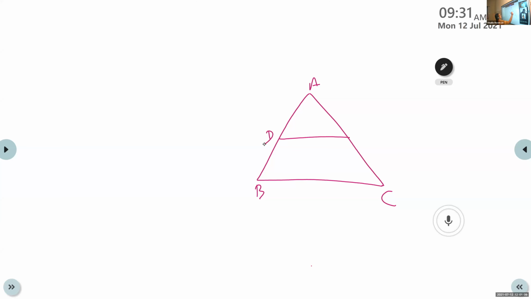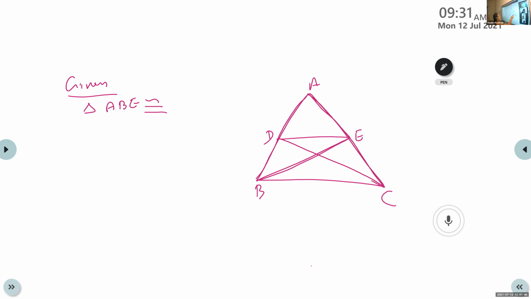DE, DE, BE and DC are joined. Okay. Given is triangle ABE congruent to triangle ACD.